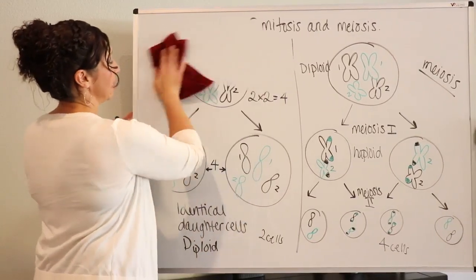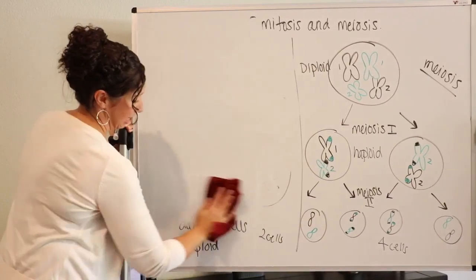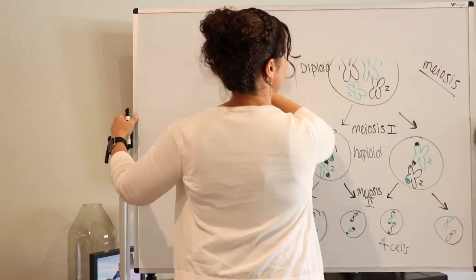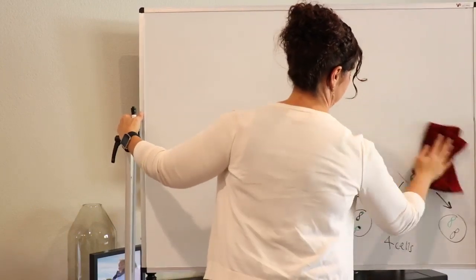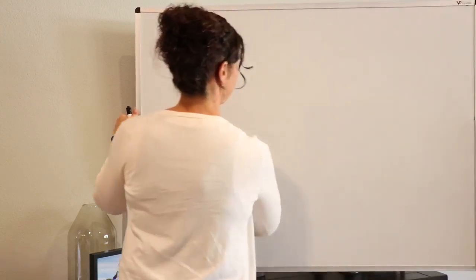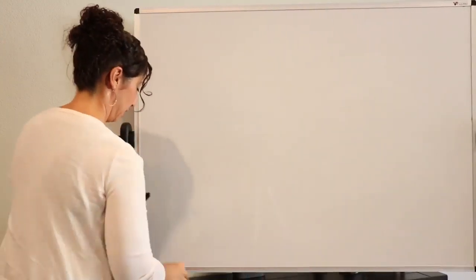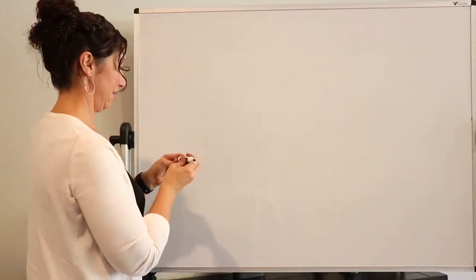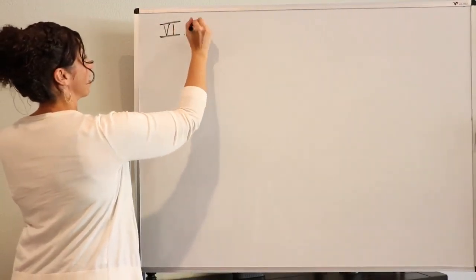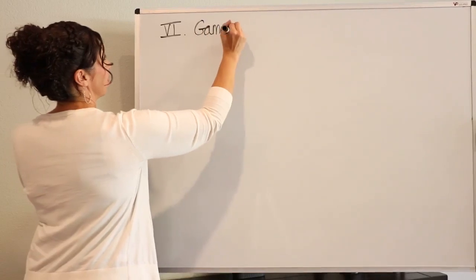This will be Roman numeral 6, gametogenesis. And it'll be a brief review, not like a whole unit on reproduction. That's many lectures away. So Roman numeral 6, this is gametogenesis.